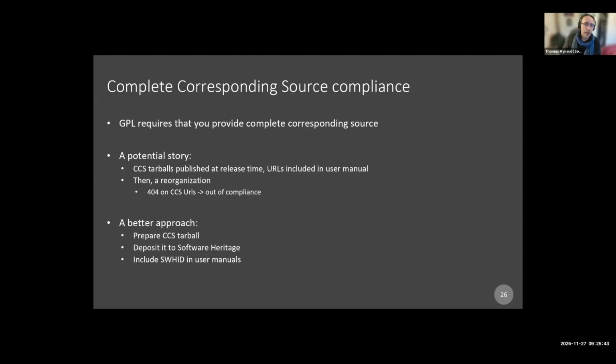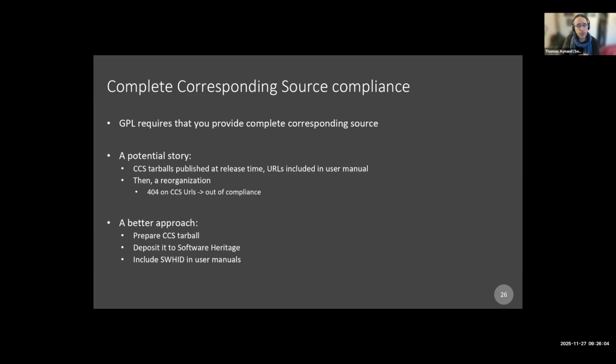It can help you with complete corresponding source compliance. For instance, the GPL requires that you provide the complete source of the software that you share with someone. A potential story is that you build an amazing software and start to deploy it and share it with someone.